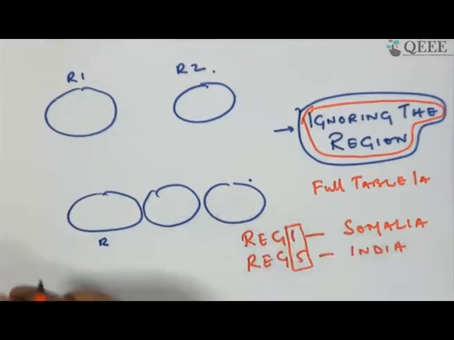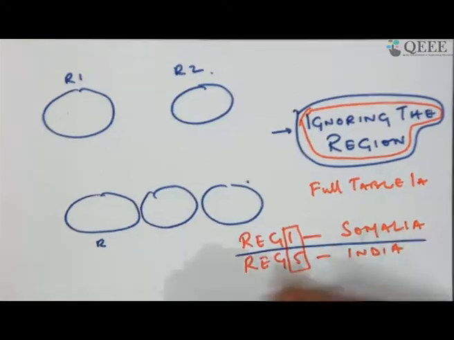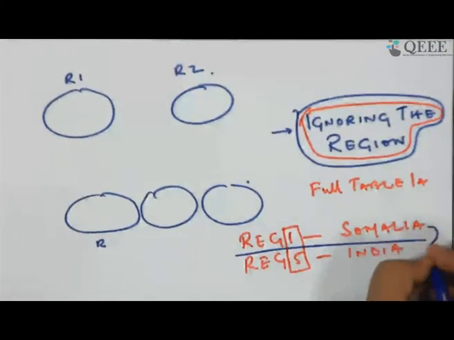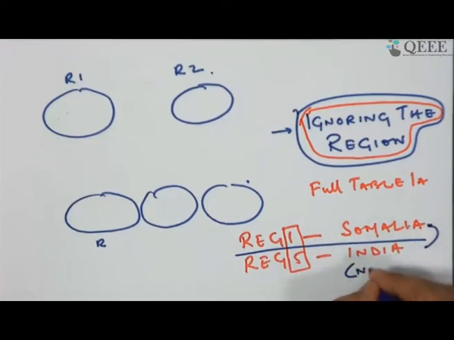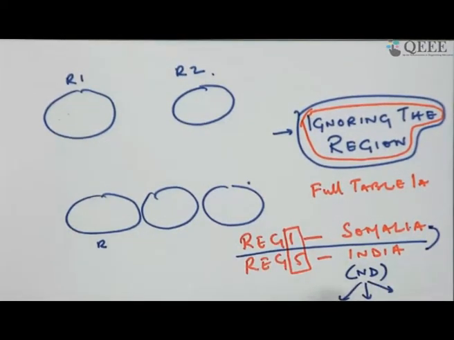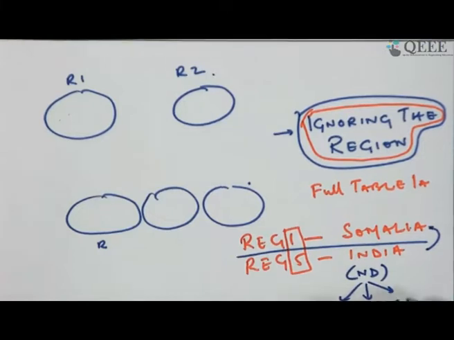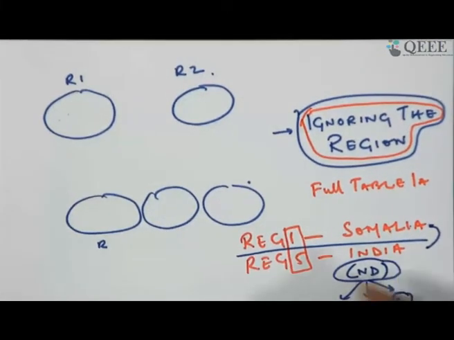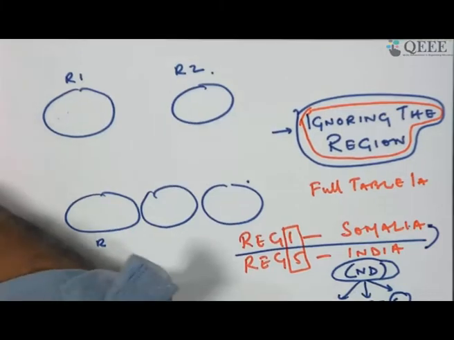Then we only need one step for how to come from Somalia to India: say come to New Delhi. From New Delhi there will be domestic flights or a domestic route. That is discovered only when you come to New Delhi.